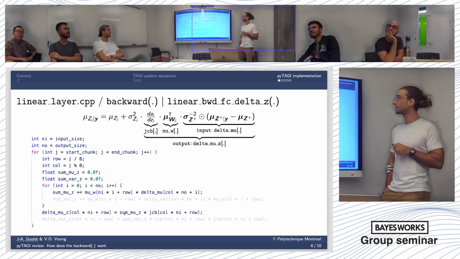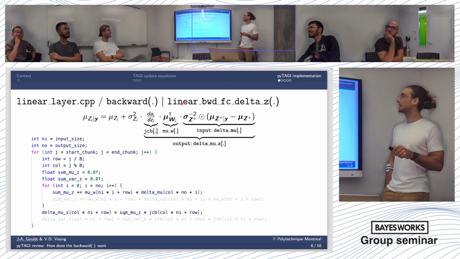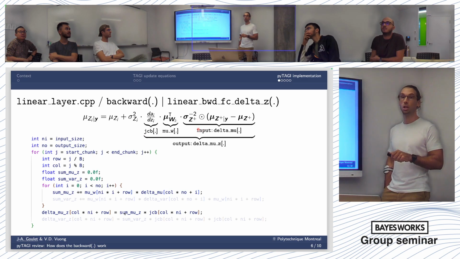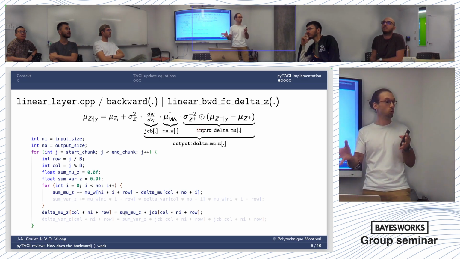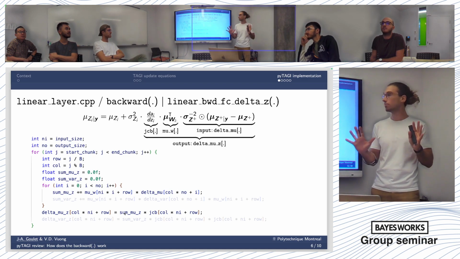This is still all Tango in my mind, but basically, in the backward method, we have the linear backward delta function that's called, and that is supposed to do this operation, along with the same thing with the variance. But right now, focus on the expected value, because if we understand the expected value, variance is the same thing.